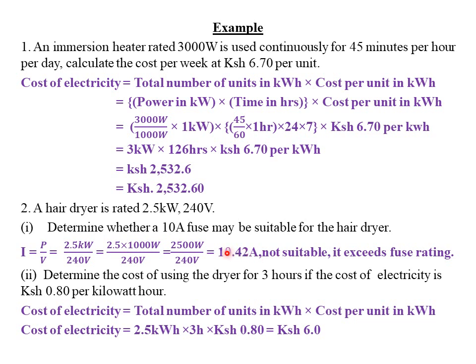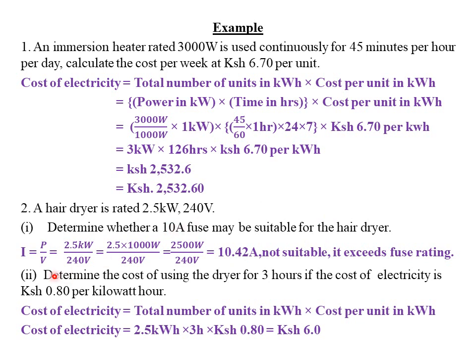For example, a fuse that will be appropriate for 10.42 amperes current will be maybe a fuse of about 11 amperes. Therefore, a 10 ampere fuse will not be suitable for this particular hair dryer because the current it is using exceeds the fuse rating given, which is the 10 amperes.